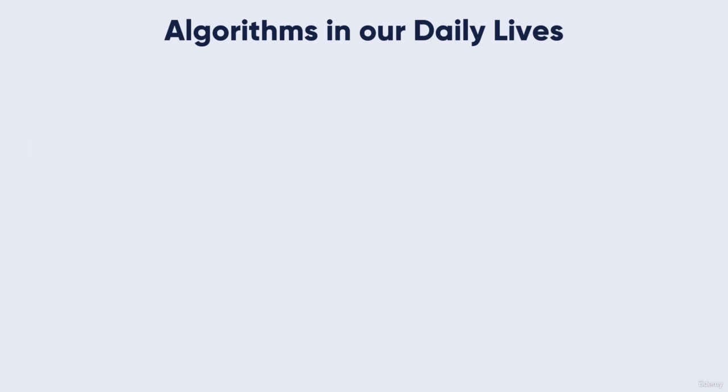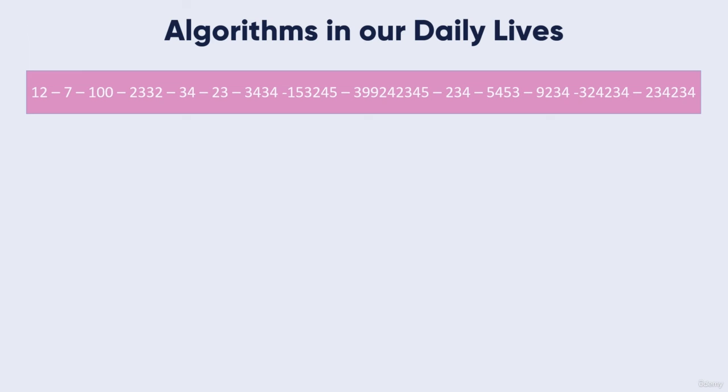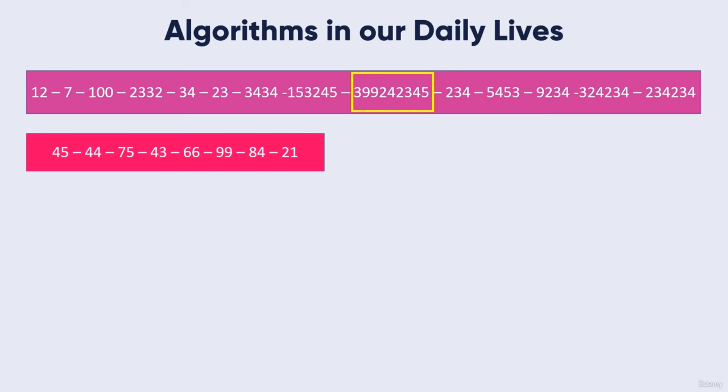Algorithms are also in our daily life. Think about the arrangement of a game leaderboard. You need an algorithm to help you find the smallest or largest number in a list of thousands of numbers, to find the correct number and the correct score. Or you need to keep track of the highest score in a video game.